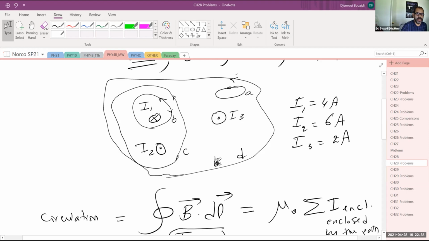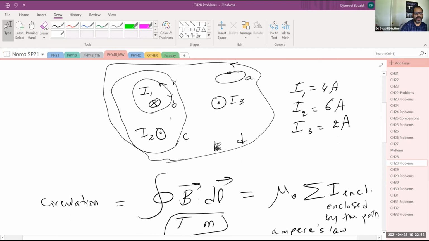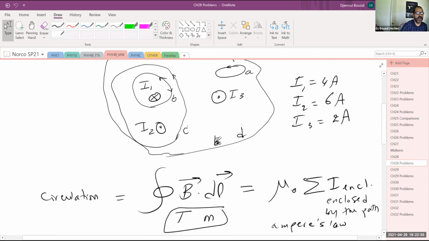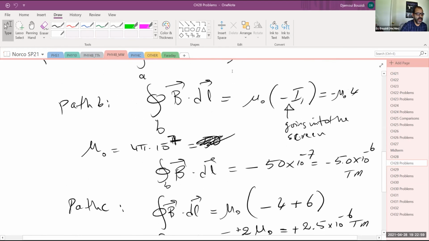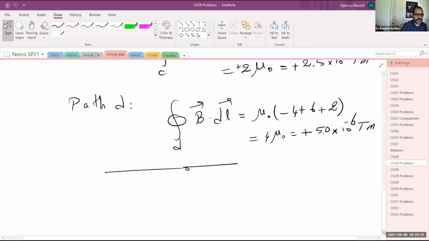This one current is going in, so the magnetic field, according to the right-hand rule, should be circulating clockwise. And since the circulation is counterclockwise, the contribution to the circulation coming from this current is negative. That's all. Everything else is positive because the currents are coming out of it. And here there is no current enclosed through path A. Okay. So that takes care of that.